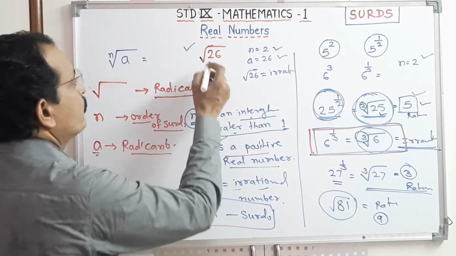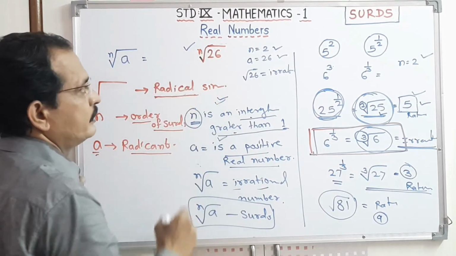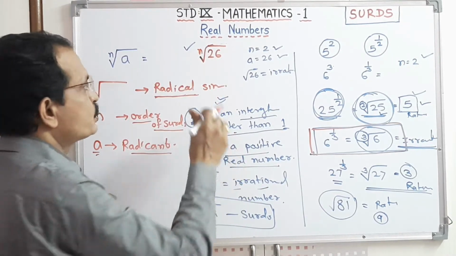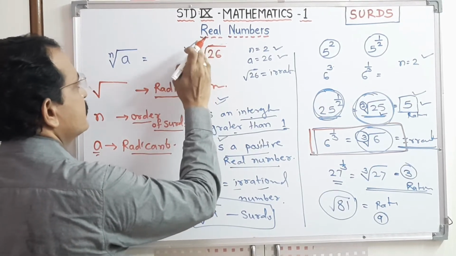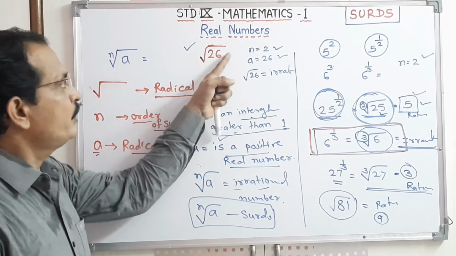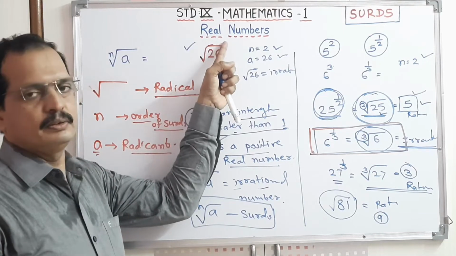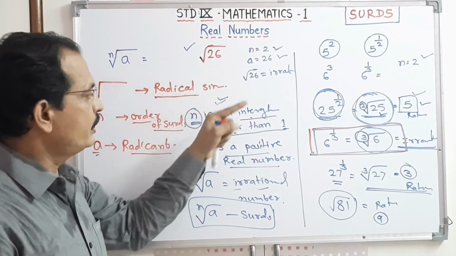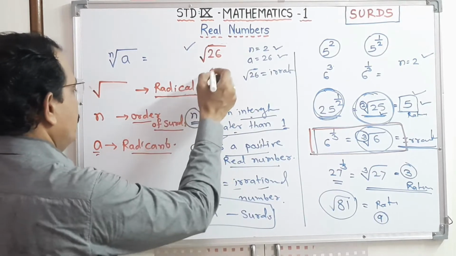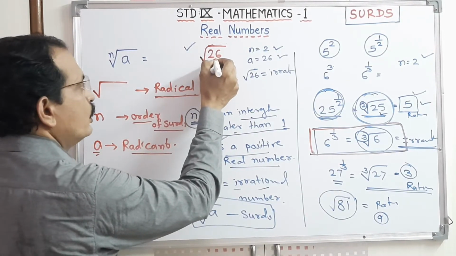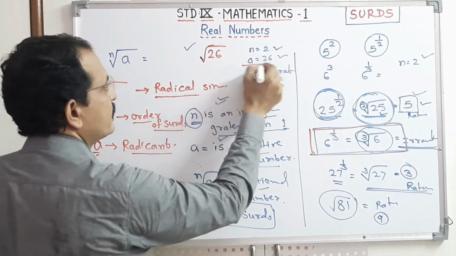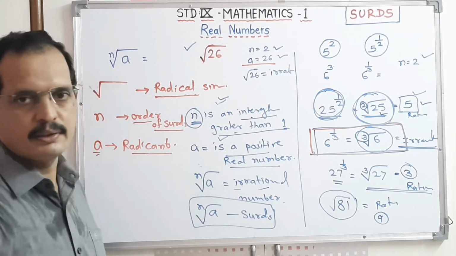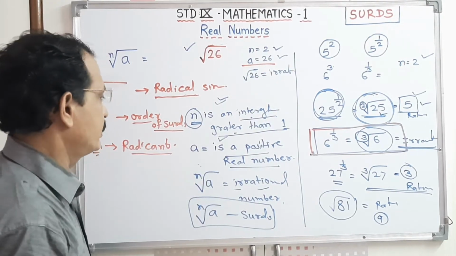Now the number denoted by n is not there, that means it is 2. Therefore in this case, the order of this surd is 2. Here a is denoted by 26, therefore this 26 is called the radicand of the surd.